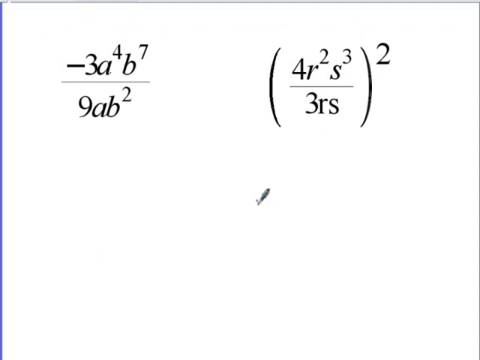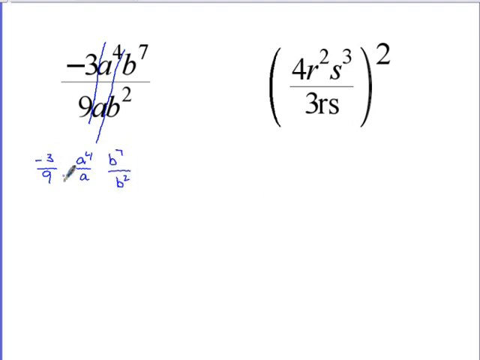Alright, then we have some division examples. When you're doing division problems, I really want you to think about breaking this up into 3 separate problems. I have numbers to divide, I have a's to divide, and then I have b's to divide. So I have negative 3 divided by 9, and then I have a to the 4th divided by a, and then I have b to the 7th divided by b squared.